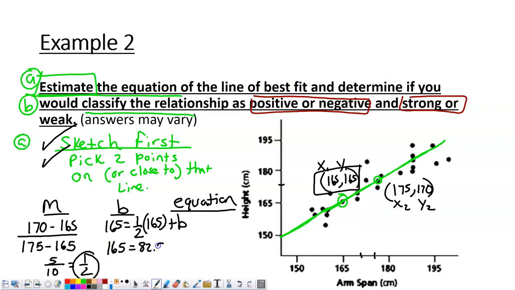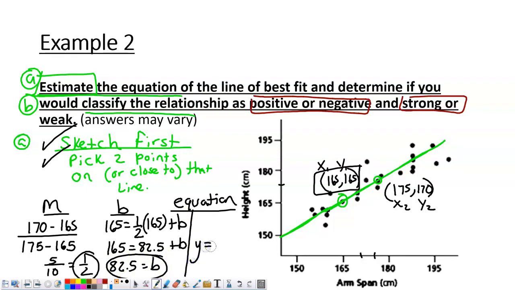Notice I'm not using fractions. When you get really weird numbers, I say just forget fractions altogether, just go straight to decimals. And then if I subtract 82.5 on both sides, I end up with 82.5 equals b. So there's my b. So I've got my m, I've got my b, and I'm ready to write the equation.